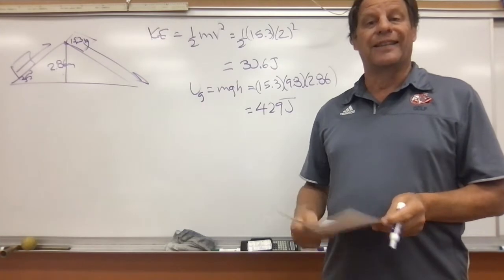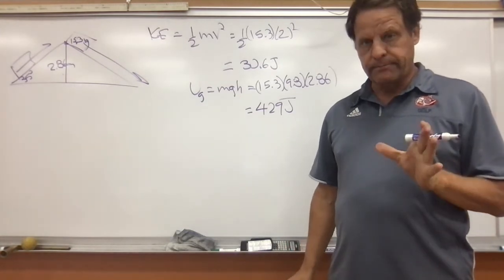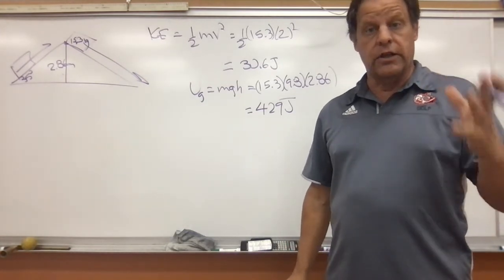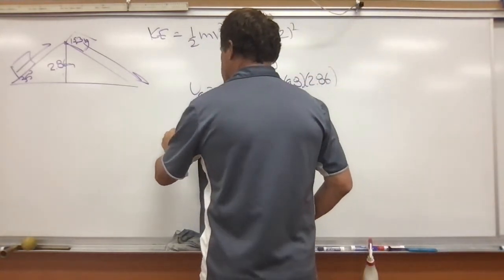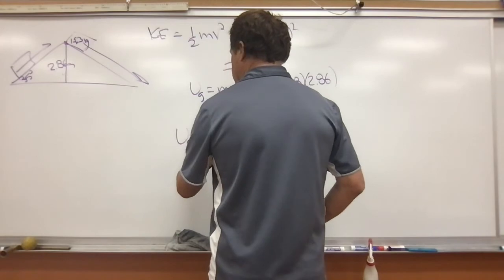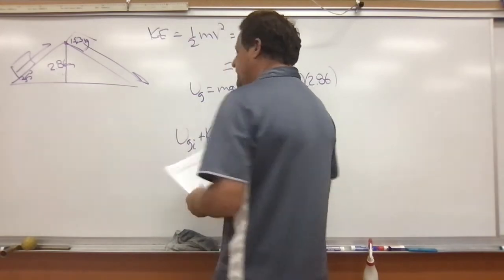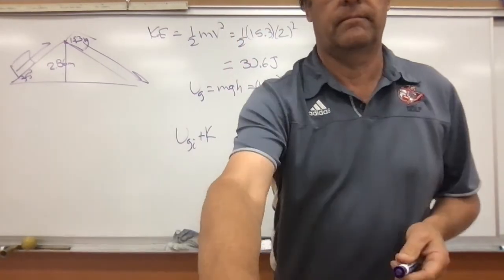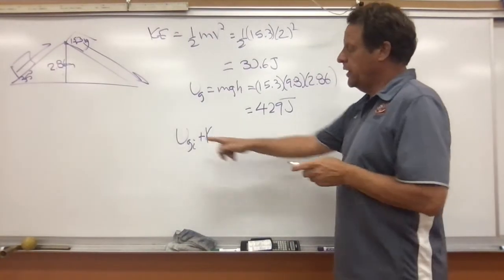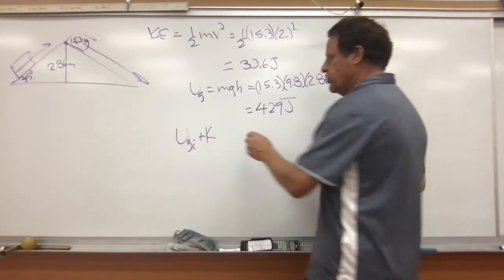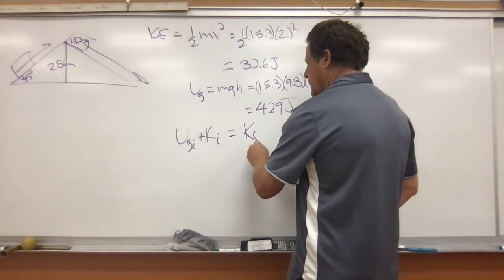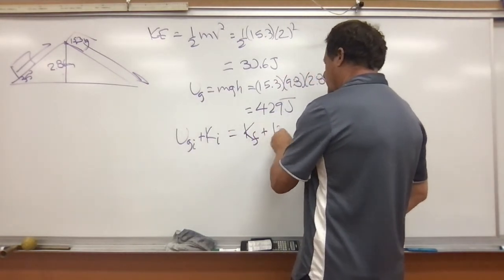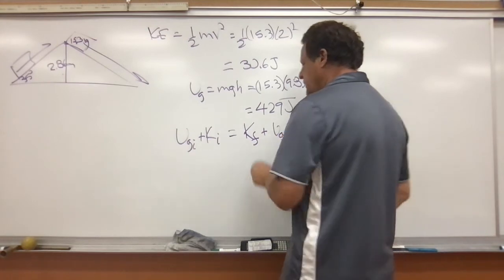We want to calculate the velocity on the other side. This is just a conservation of energy sort of thing. So we're going to have the initial gravitational potential energy plus the initial kinetic energy, and that's going to equal our kinetic energy final plus our gravitational potential energy final.